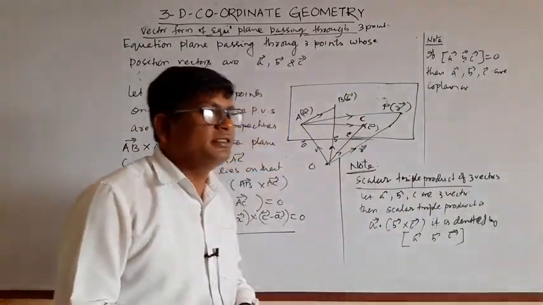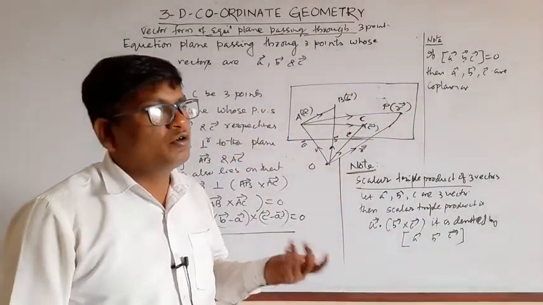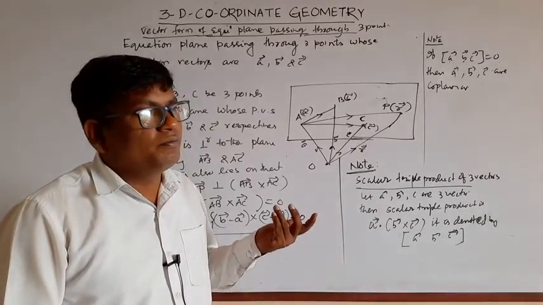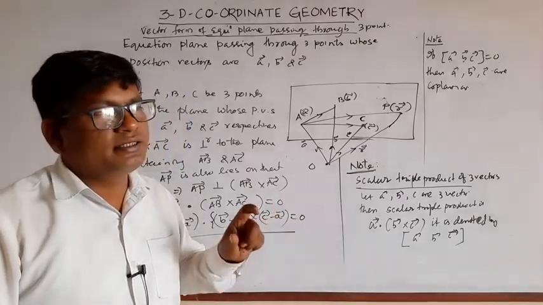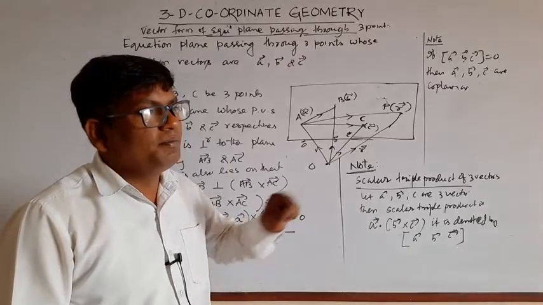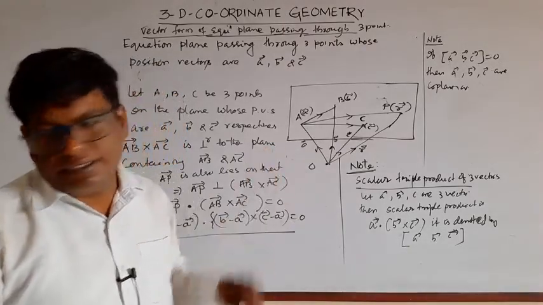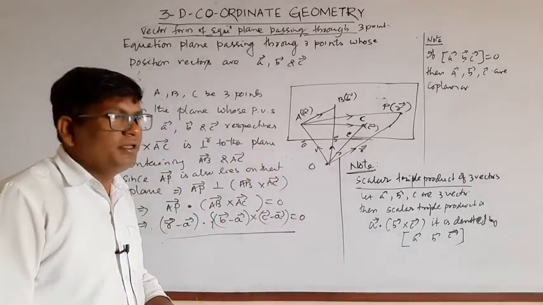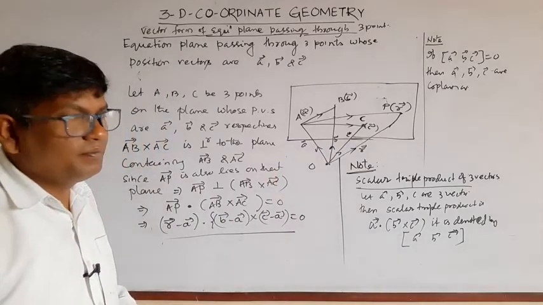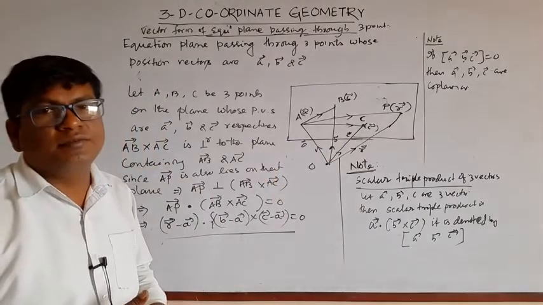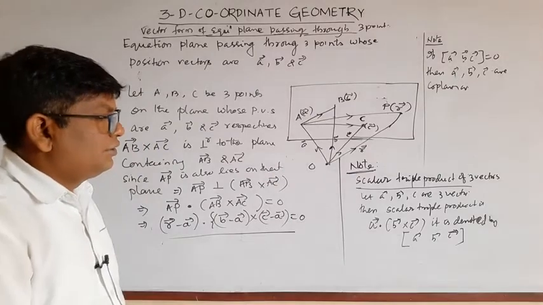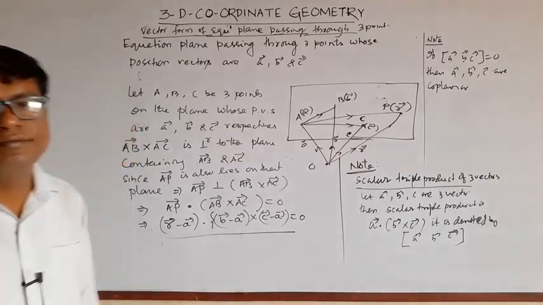A, B, C, D are 4 points. Find the position vectors of AB, AC, AD. If the scalar triple product of AB, AC, AD is 0, then the 4 points are coplanar.